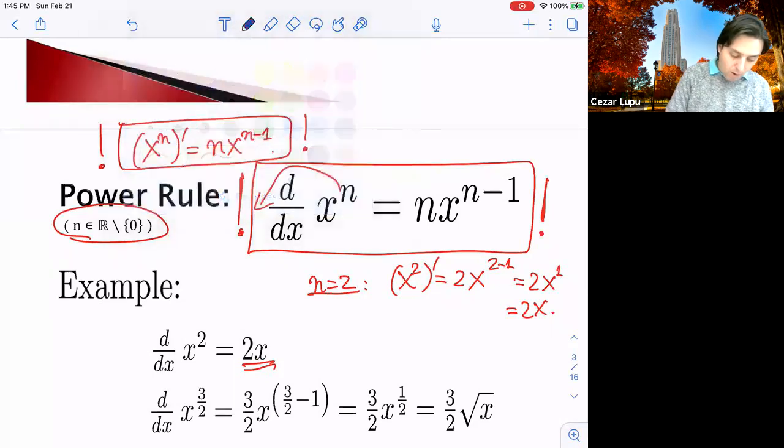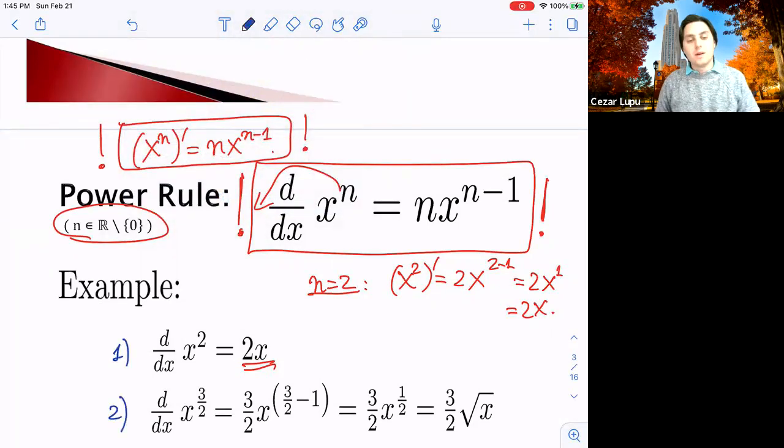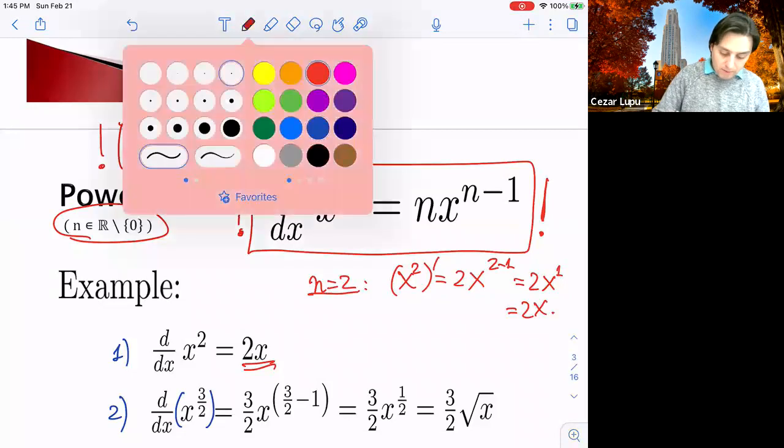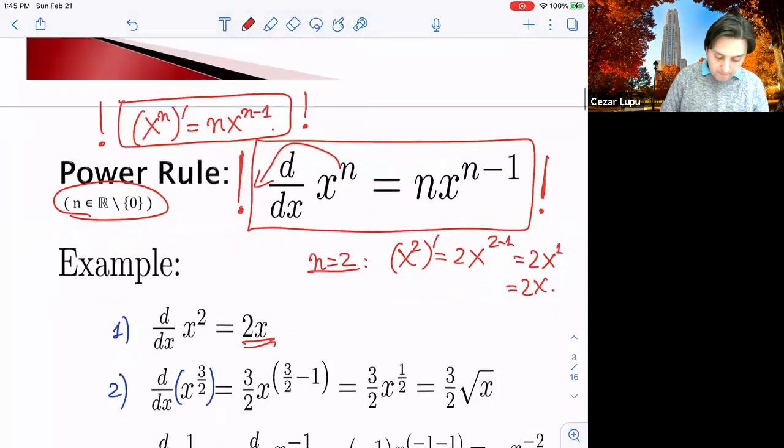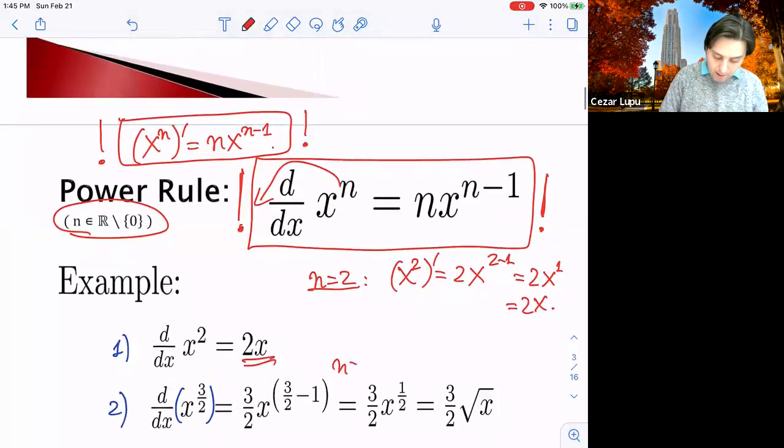So this is example 1, this is example 2. Now we would like to compute the derivative of x to the power 3 halves with respect to x. According to the same rule, in this case n equals 3 halves. So keep that in mind.